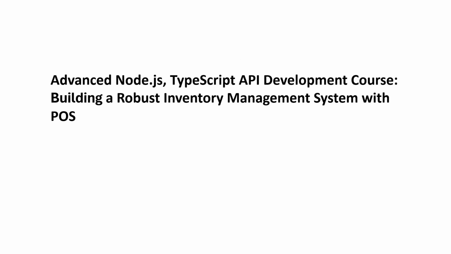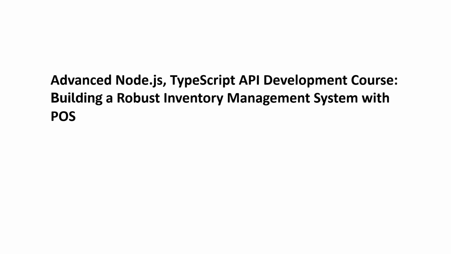Hello, welcome. So in today's video, we're going to start on a big project, which is building an API. It is going to be an inventory management system with a point of sale with Node.js and TypeScript.